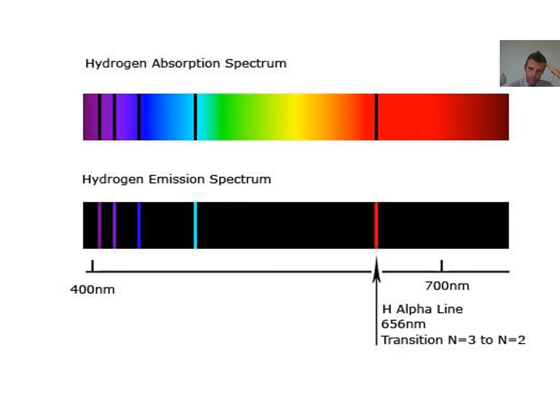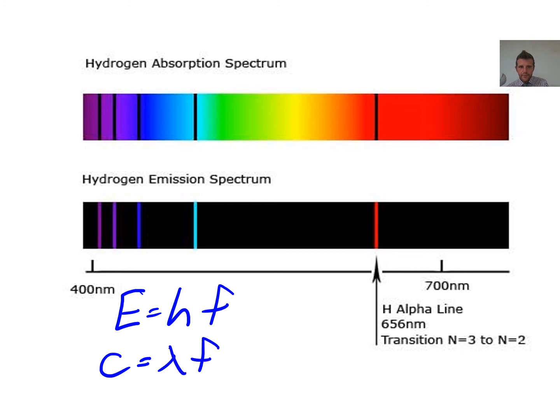So then what we can start to determine from this is the specific transitions needed. I know Miss A did this with you, so remember that E is equal to h f and c is equal to lambda f. I believe you guys know this as E is equal to h nu, and c is equal to lambda nu.